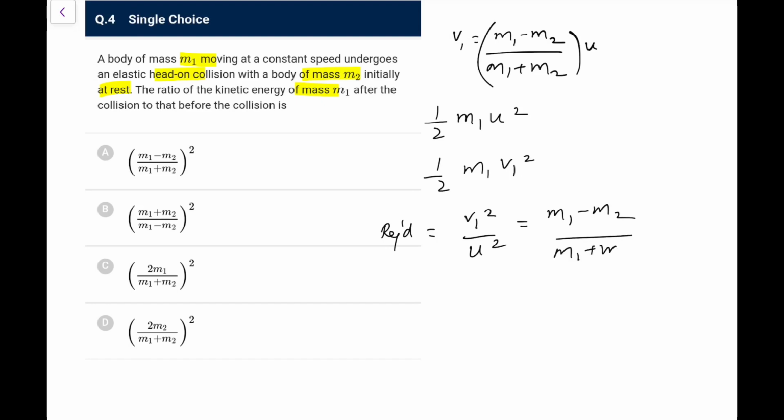Kinetic energy initially was half m1 u square, finally it is half m1 v1 square. So the ratio would be v1 square by u square. That will be easily m1 minus m2 over m1 plus m2 whole square. So directly you can go for this. You generally remember this v1, v2 expression, otherwise you can derive it also.